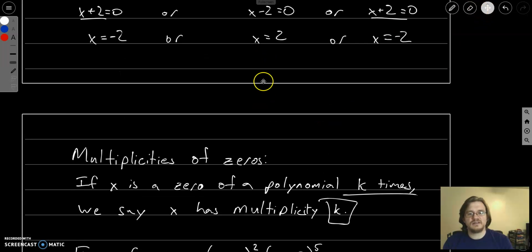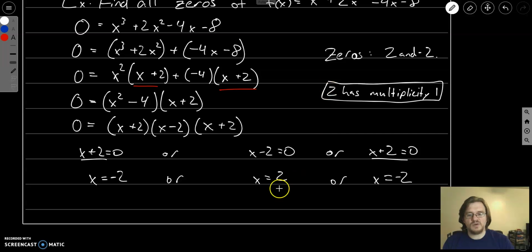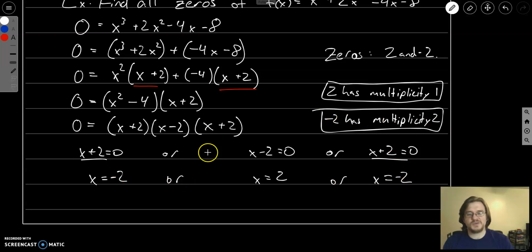So up here, we would see that 2 has multiplicity 1, because it shows up once. Whereas negative 2 has multiplicity 2, because it shows up twice.